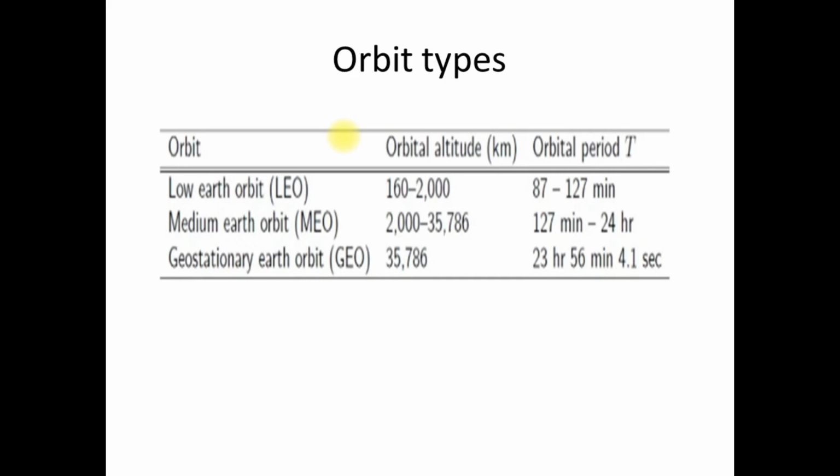Next, we will move on to the final one, that is geostationary Earth orbit. That is at an altitude of about 35,786 kilometers. The orbital period is approximately 23 hours 56 minutes 4.1 seconds.